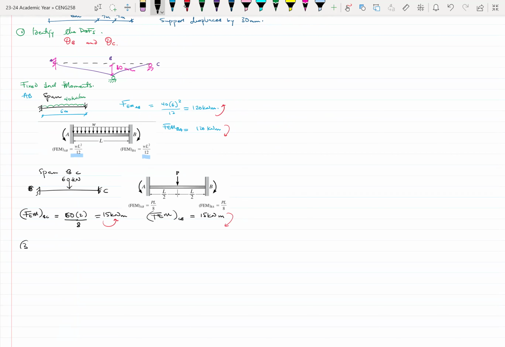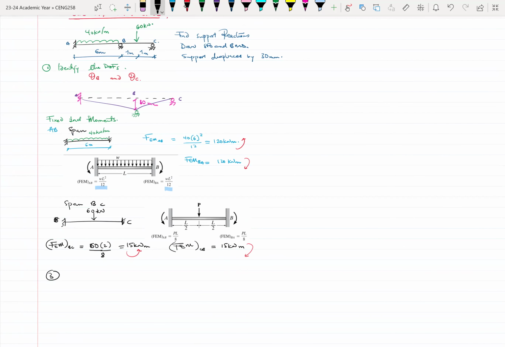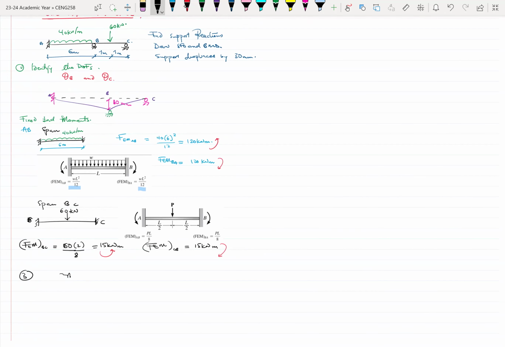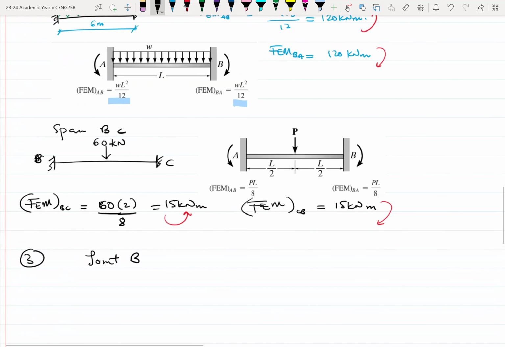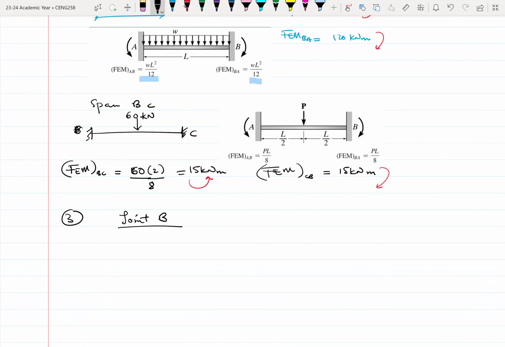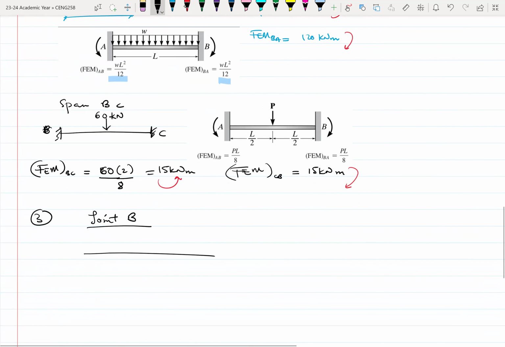We have 3 joints, and the most important joint to us is joint B. So for joint B, I'm going to redraw my structure again. Let me put this over here.